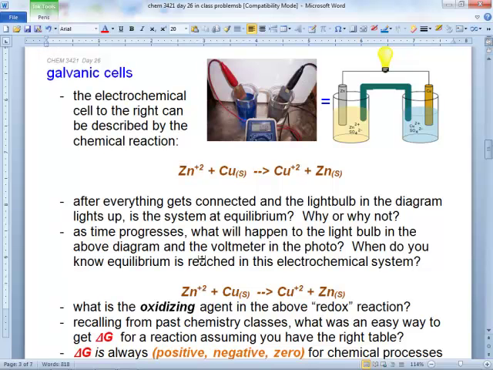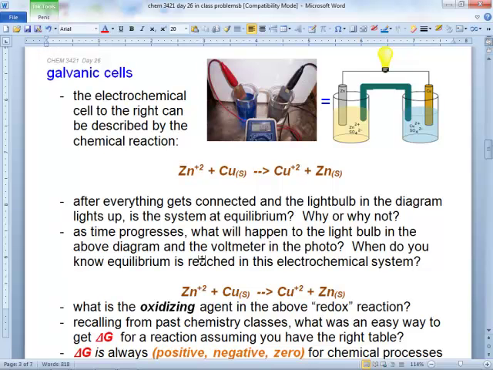No, all right? Concentrations especially shouldn't be changing over time. That'd be equilibrium. Over time, is that light bulb going to get brighter, dimmer, or stay the same? If it stays the same, someone just discovered an endless power supply, which is completely impossible, right? It's going to get dimmer.